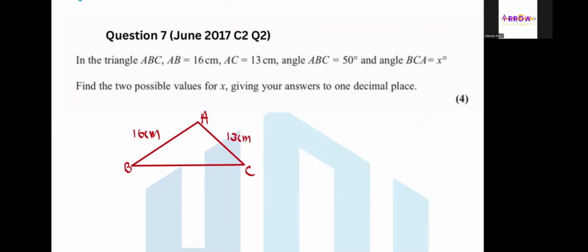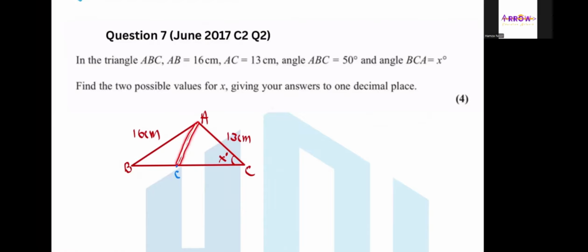So in this case, I'm going to say that X is acute. And if I want to make another case where the angle X is obtuse, I'm going to change the position of point C. Let's say now point C is somewhere over here. Since the length of AC is 13 centimeters, the length of AC over here will also be 13 centimeters.